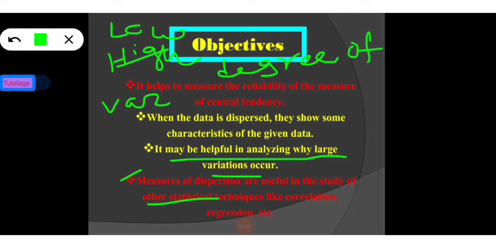We have already said dispersion basically indicates a degree of variation. So a high degree of variation means there is no uniformity and homogeneity in the data, but a low degree of variation indicates two series or two sets of data are uniform and homogeneous.